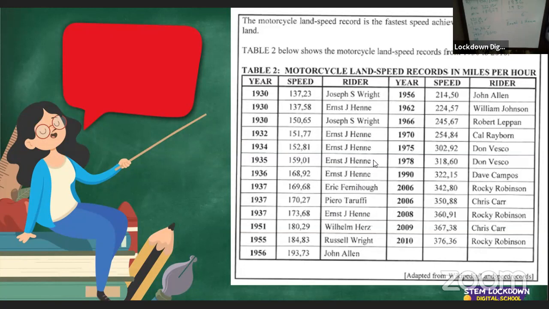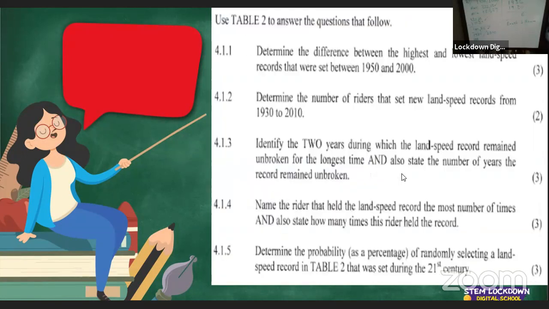So he held the record for 6 years. So let's just look if we can find another one. No, there's no one else. As you can see here, Don Desco only held the record for 3 years. Ernst J. Hing held the record for 6 consecutive years. And he also held the record for the 7th time here. As you can see, held the record.